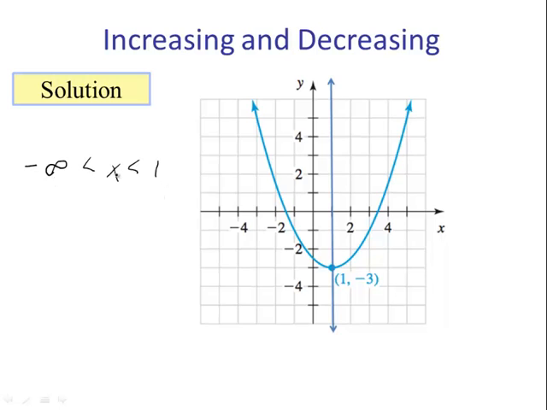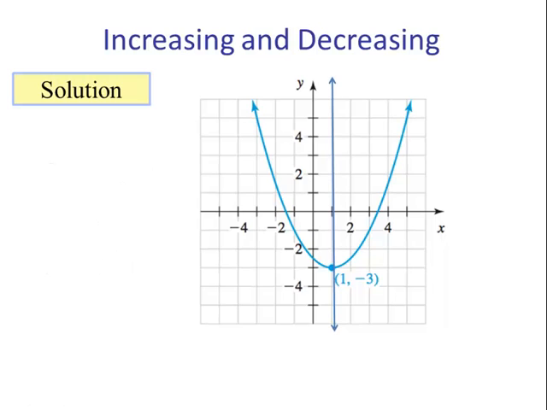This is saying -infinity is less than x, which is less than 1. That is equivalent, because everything's less than -infinity, to just saying x is less than 1. So when your x value is less than 1, this function is decreasing. In interval notation, parenthesis, -infinity, comma, 1, parenthesis.